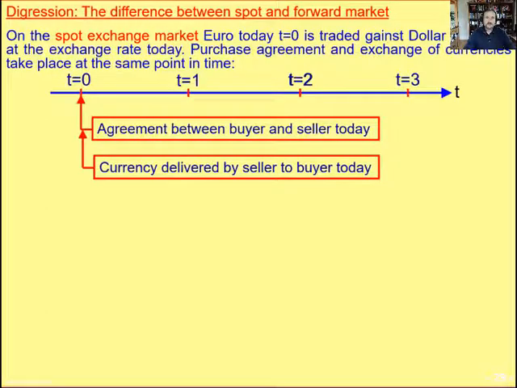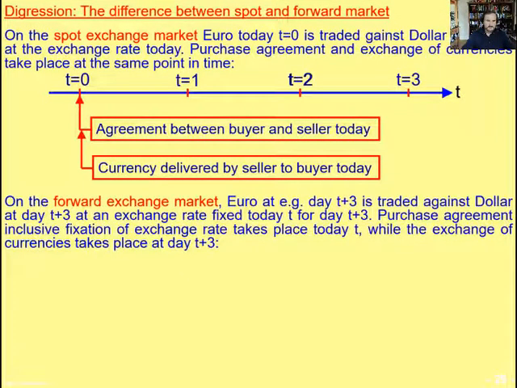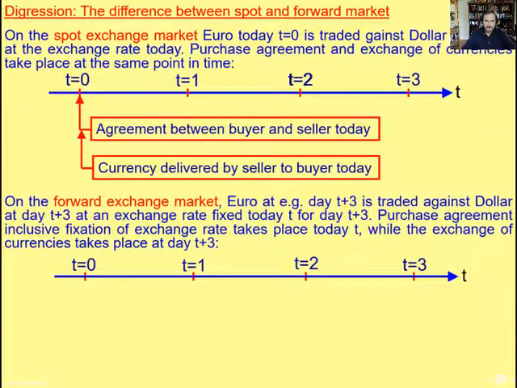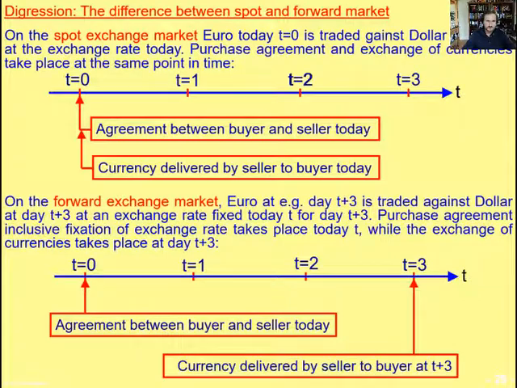But there are also different foreign exchange markets called forward exchange markets, where foreign exchange is traded for future points in time. On these markets, the exchange rate at which the currencies are exchanged against each other is fixed today, but the exchange itself takes place at a future point in time, for example 3 months from now.